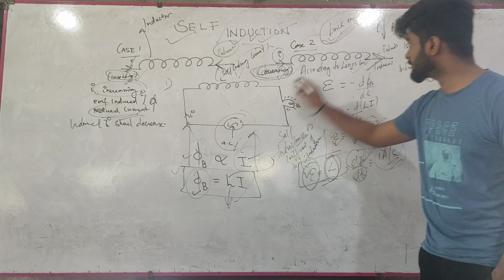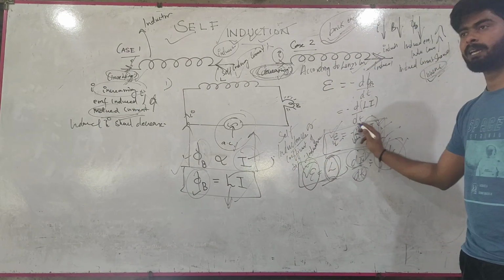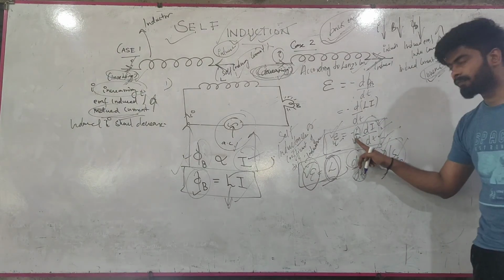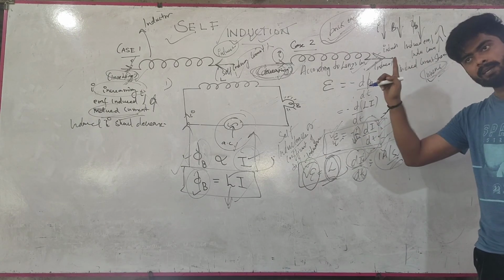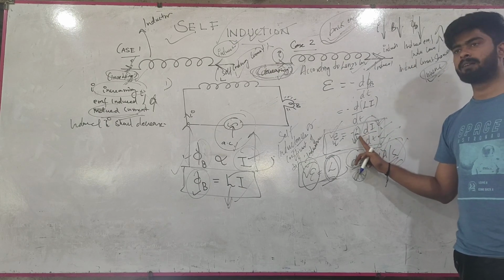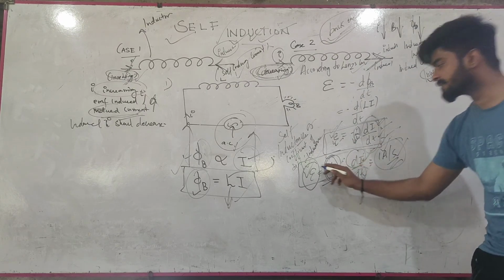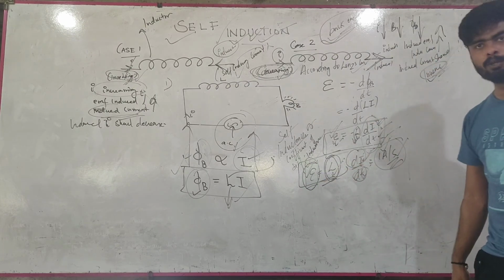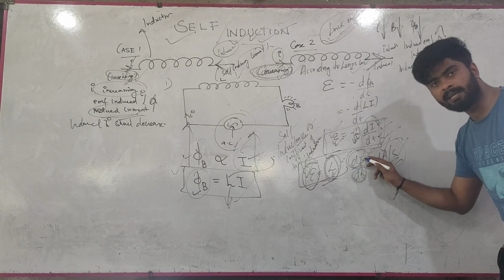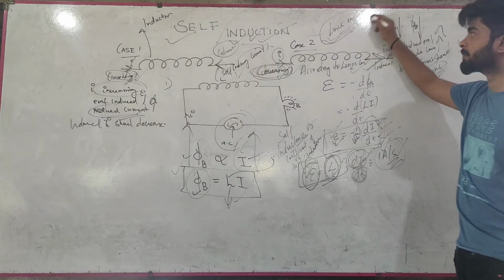From there, using Lenz's law, we derived an equation for induced EMF, which is minus L di by dt. For defining self-inductance, we made di by dt unity. Self-inductance is numerically equal to induced EMF when rate of change of current is 1 ampere per second.